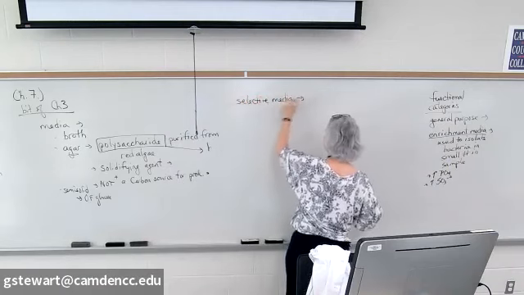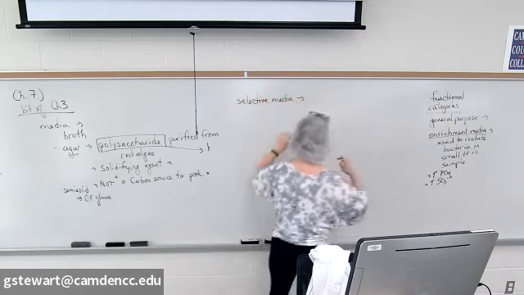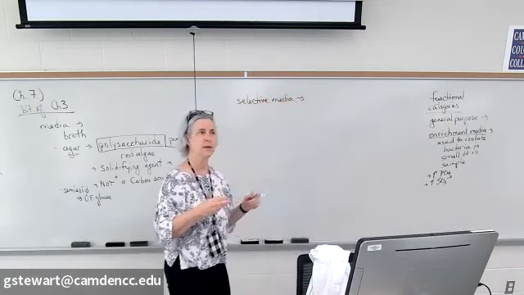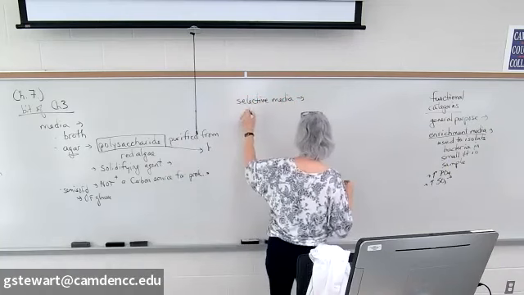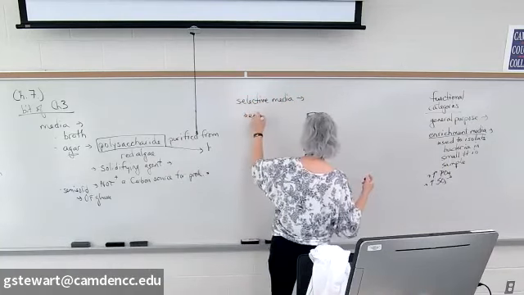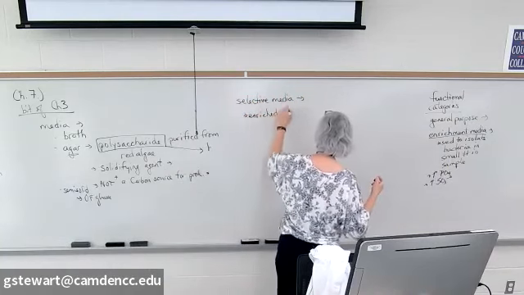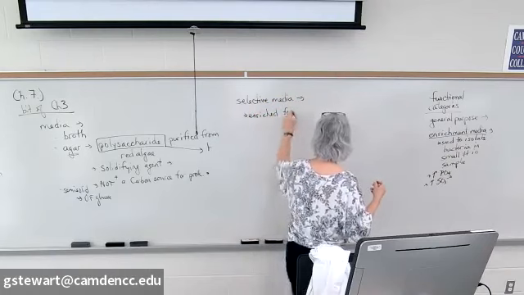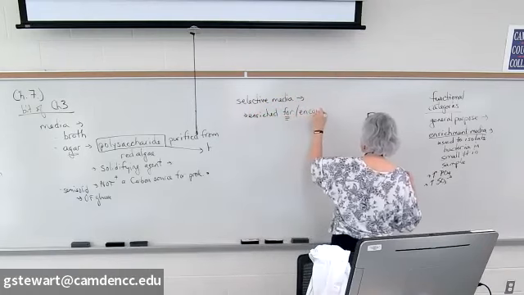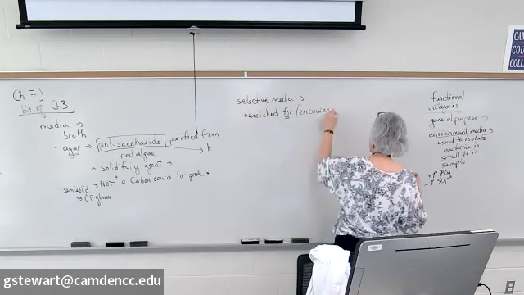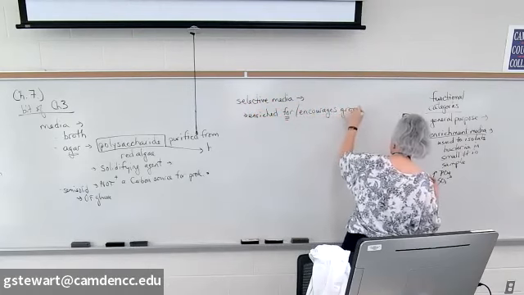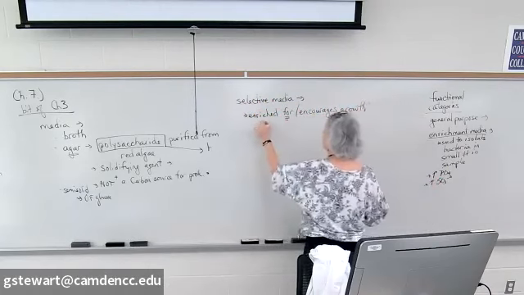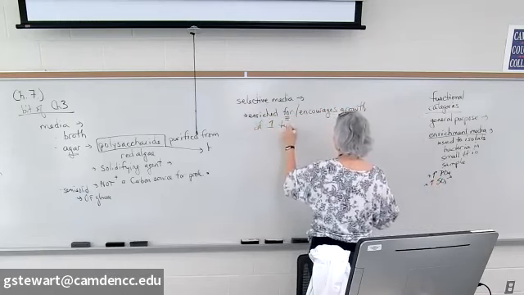And it seemed like you guys did get a good grasp on the selective media type. So selective media is enriching for, or encourages, growth of one type of bacteria.